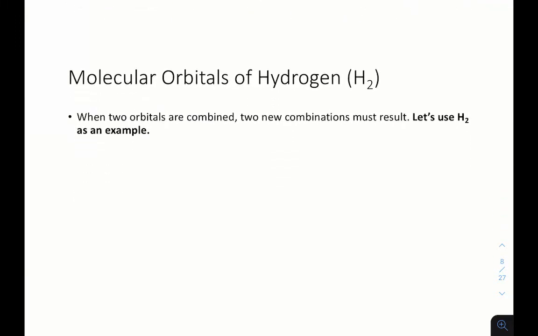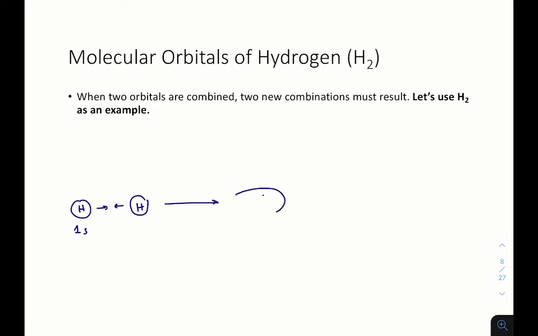So when two orbitals are combined, two new combinations must result. We will demonstrate this with the hydrogen molecule. We have already shown how the 1s orbitals come together in phase to generate a sigma molecular orbital.